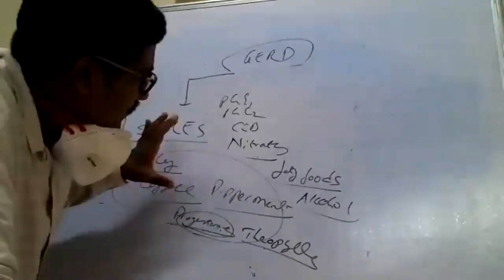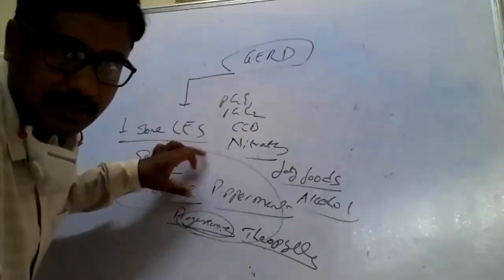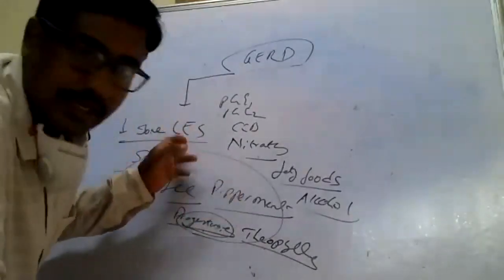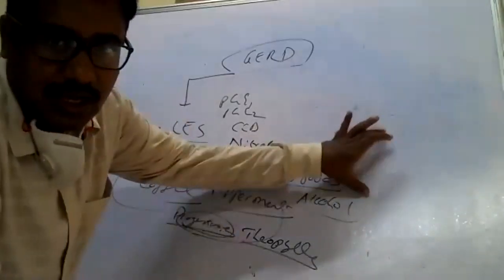So students, just remember the conditions which lower the lower esophageal sphincter tone. Then they'll ask about the causes. Don't bother remembering the causes of increased lower esophageal sphincter tone. Just remember this list so that you can exclude the other factors.